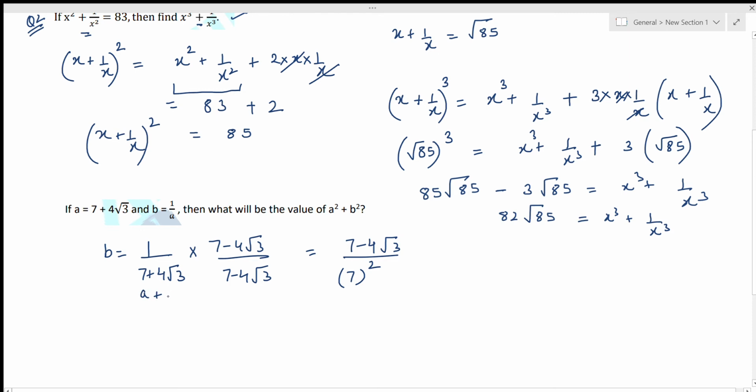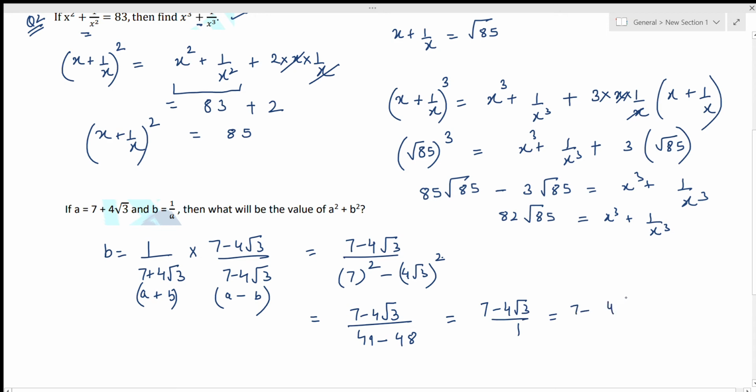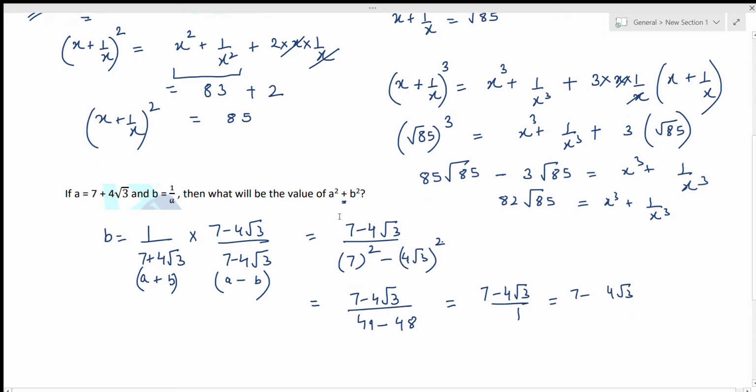You know the product of a plus b and a minus b is a square minus b square. So 7 square is 49, 4 square is 16, root 3 square is 3, 16 threes are 48. So we get 7 minus 4 root 3 divided by 1, which is 7 minus 4 root 3. Now see, you have to find a square plus b square, not a square minus b square.